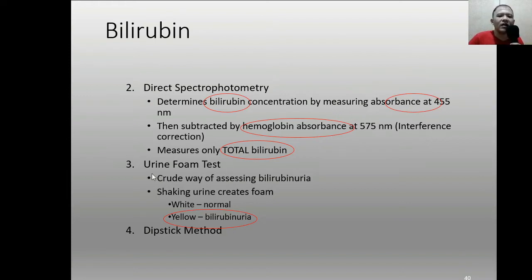Urine foam, when you see bubbles or foam, yellow foam, that is bilirubinuria. And of course, the relatively modern method is the dipstick method.